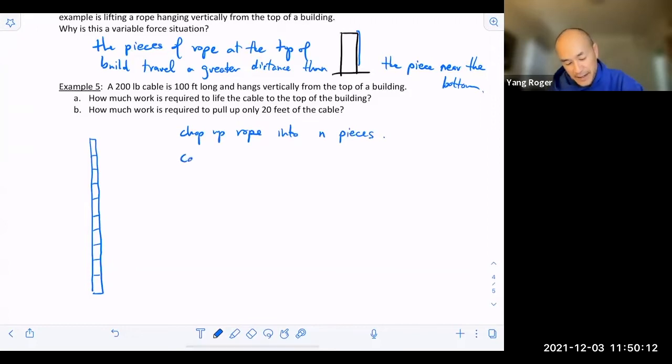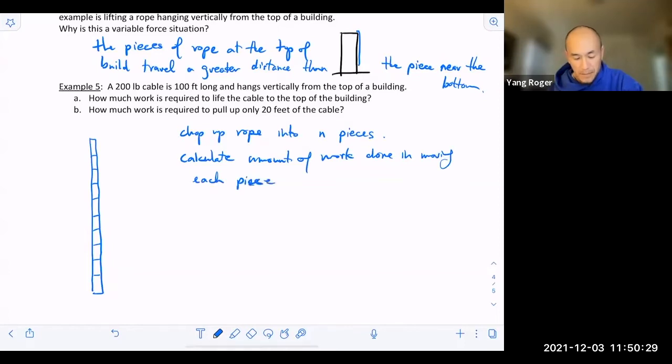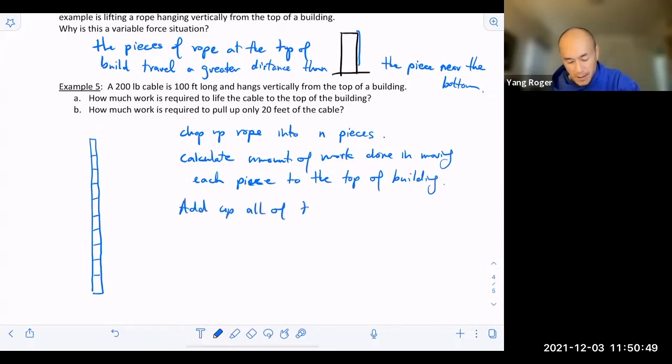I'm going to calculate the amount of work done in moving each piece to the top of the building. And then I'm going to add up all those works. Does that make sense?